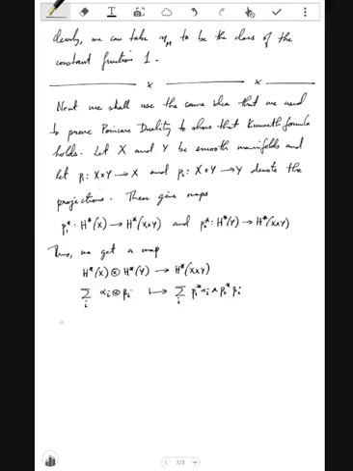So the theorem, which is known as the Kunneth formula: the above map is an isomorphism.